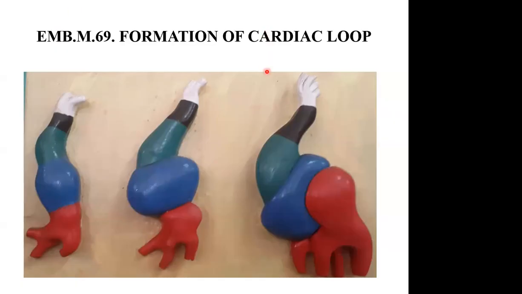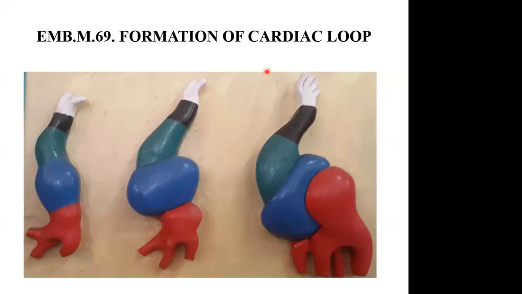So this is the model of formation of cardiac loop. In this model, you should be able to identify the various parts of the fused endothelial heart tube. What are the various parts of the fused endothelial heart tube?